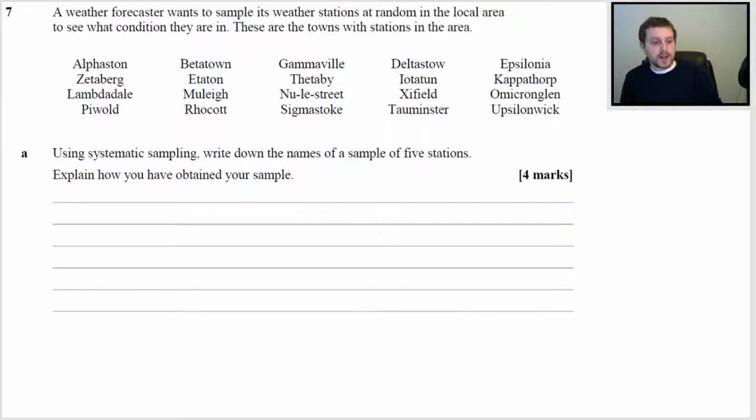When you're saying, look, I need to choose something randomly, if there's some way of numbering them, you use the phrase, I'm using a random number generator. So we would get a random number between 1 and 4. We wouldn't just pick one out of our head. We'd use a random number generator. That would tell you whereabouts to start in your list, and then you need every fourth one.